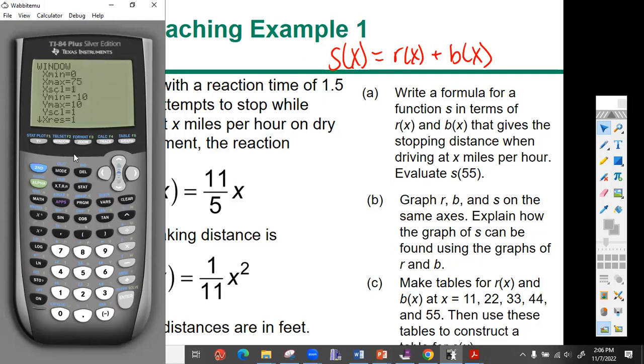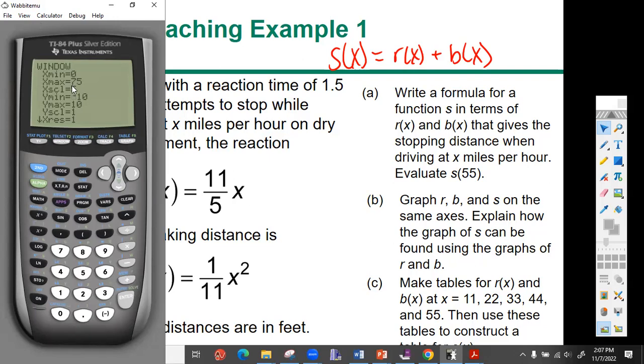We went to Window. We can count by 5s. It didn't really matter. So if the minimum is negative, what do you do? Where did you get 75 from? I just asked what would be a good maximum speed for us to look at, and I said 75. Is your distance going to be negative?